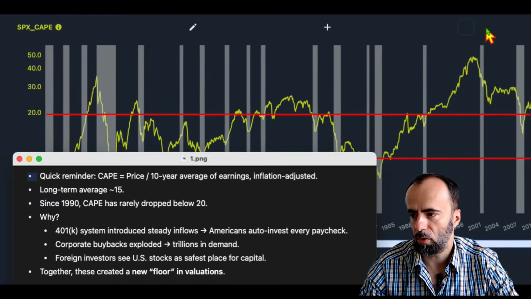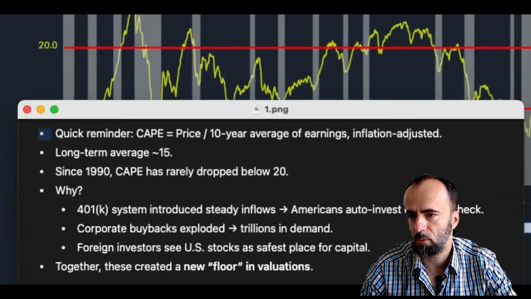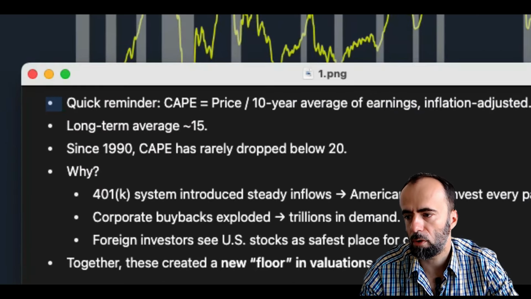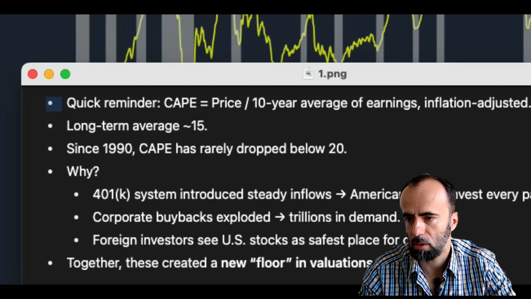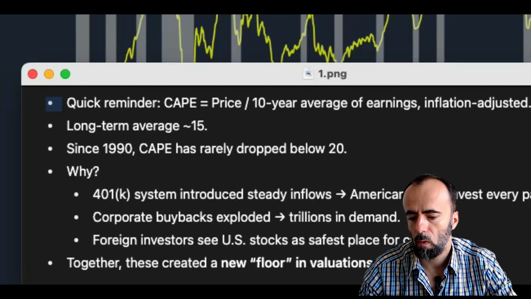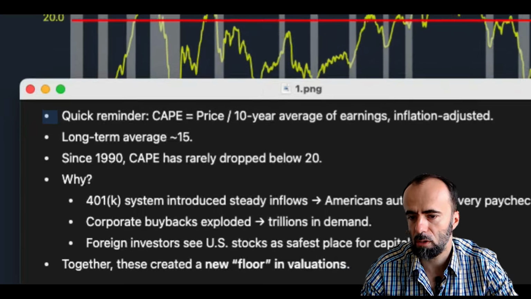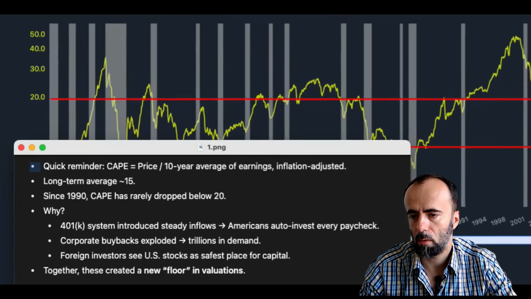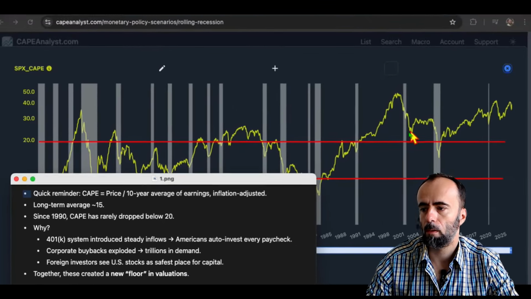So a quick reminder, CAPE is price divided by the 10-year average of earnings, inflation adjusted. So it shows you the best way to see if a stock market is in some kind of overvaluation or bubble.